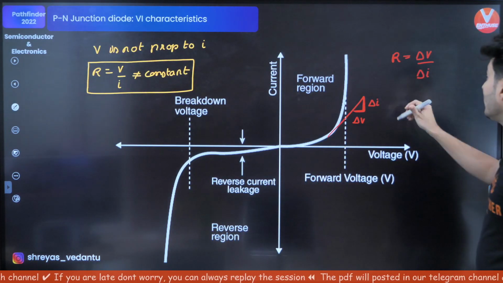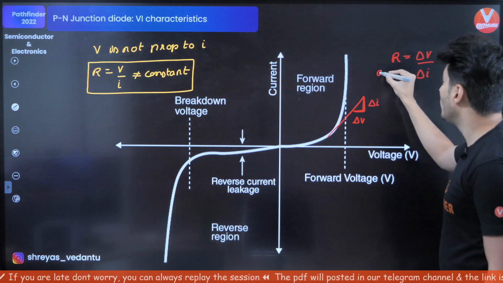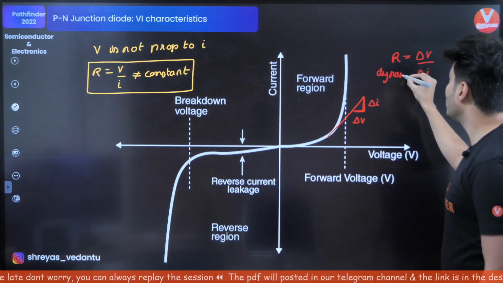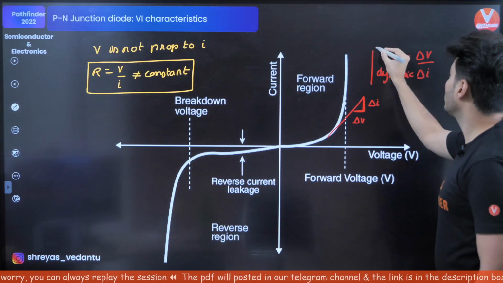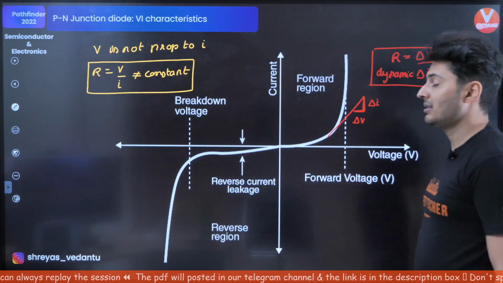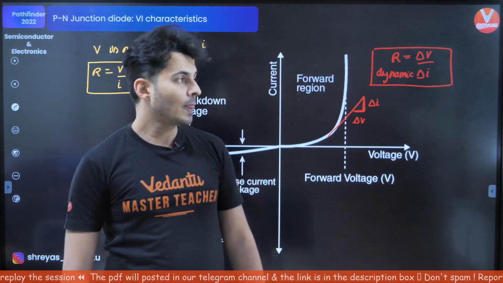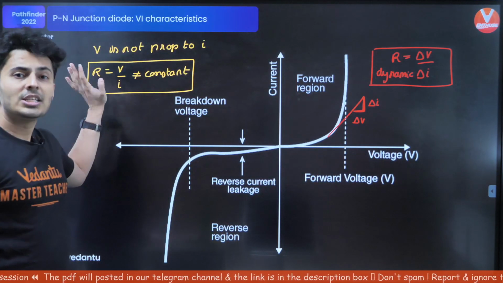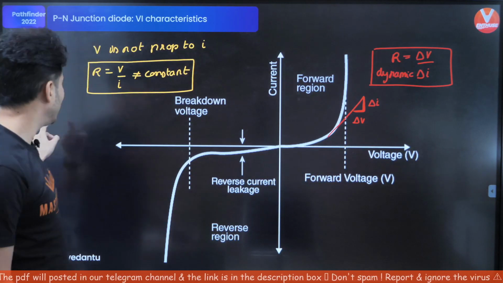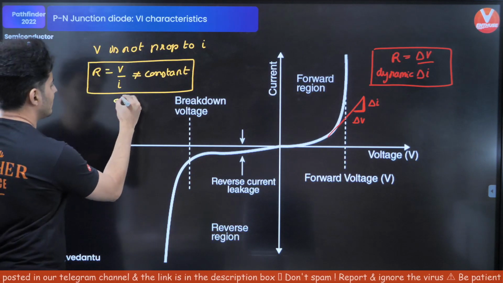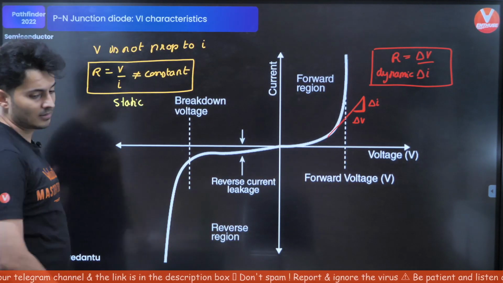Delta V by delta I is called your dynamic resistance. What is it called? Dynamic resistance, del V by del I. Just V by I, your normal resistance, is also called your static resistance. Static resistance, as simple as that.